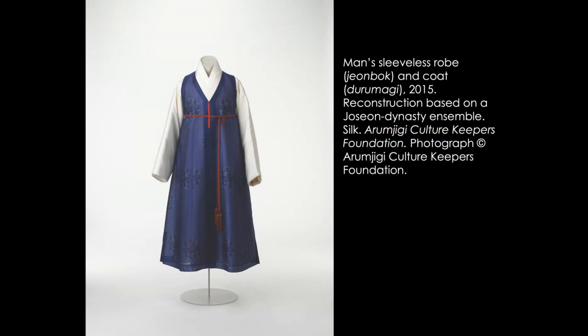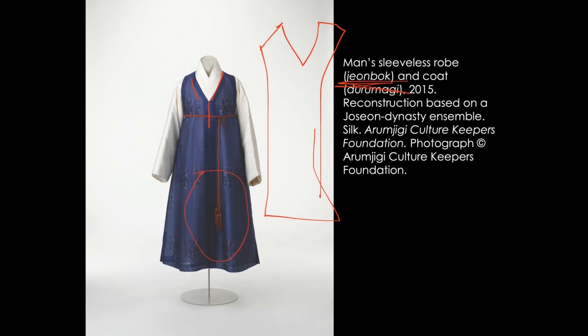This is the green vest, like a long vest. This one is called 전복. Children wear this 전복 a lot. So underneath, you have 바지 and 저고리 for menswear.